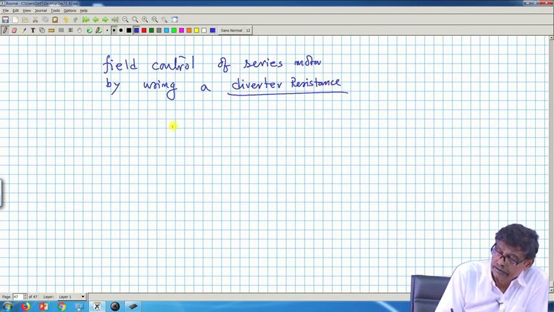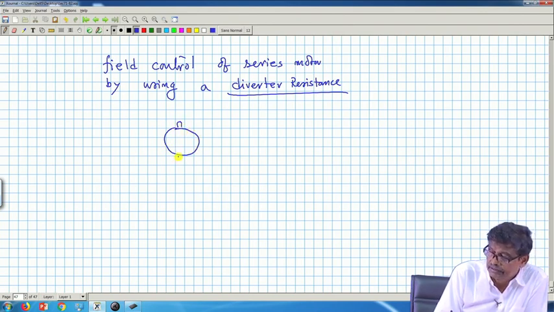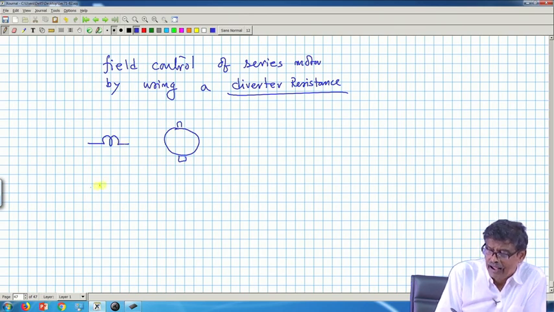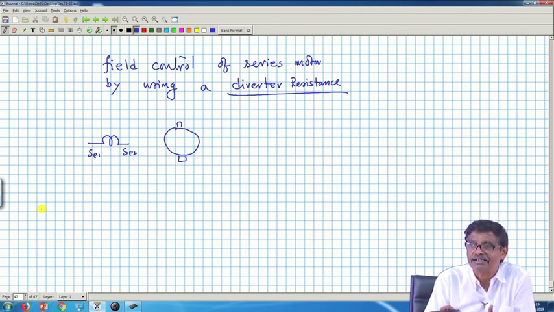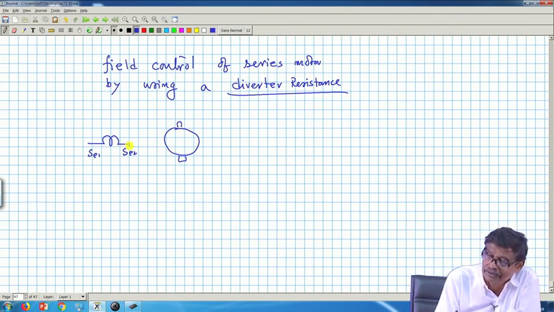What is it? It is telling that this is the motor and this is our original field, where I have not separated the coils, at least two coils are there, they are connected in series, as I told you.